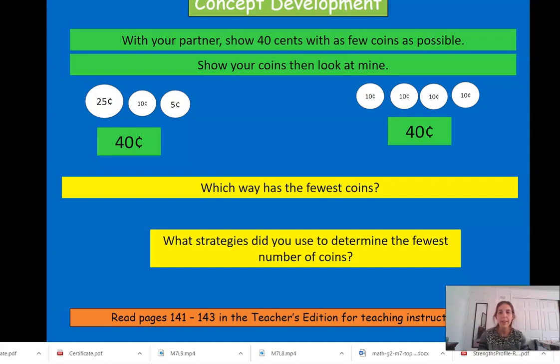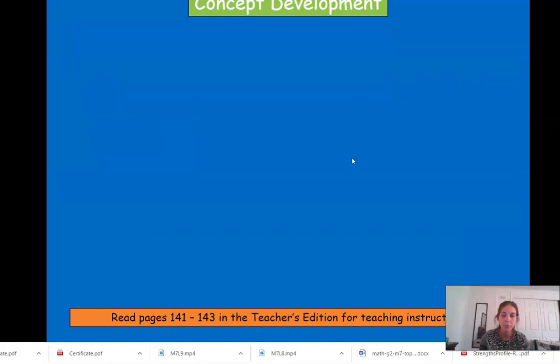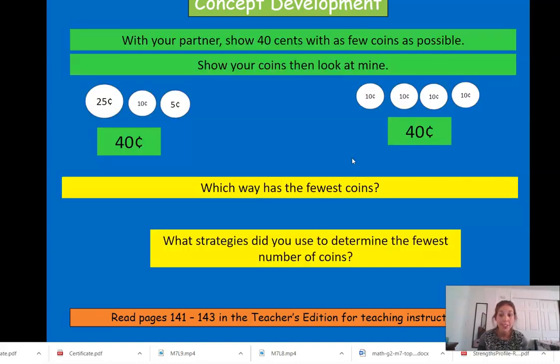I want you to think about what strategy can you use to find the fewest number of coins when trying to decide which coins to use. What should you be thinking about? Well, I'll tell you what I think about. When I'm counting money and when I want to give the fewest number of coins, I start with the biggest coin.